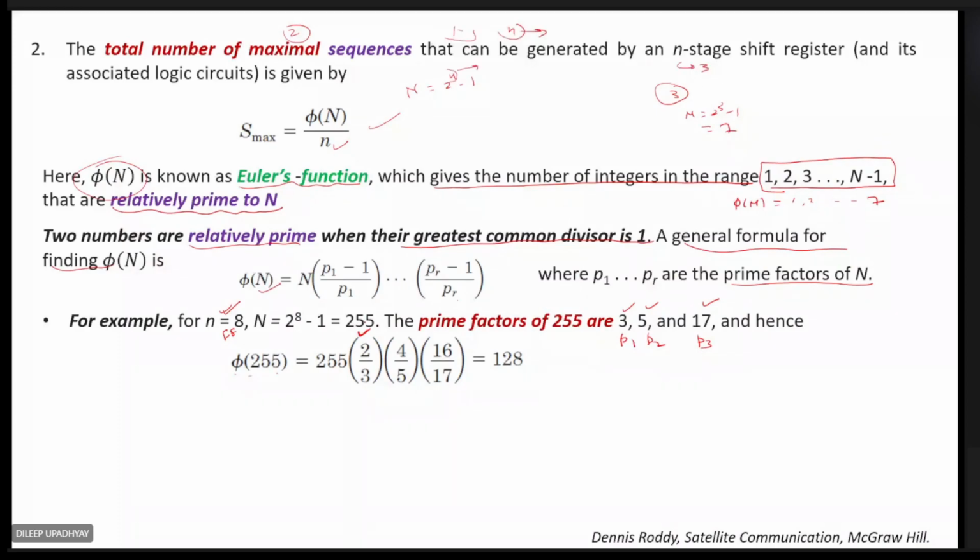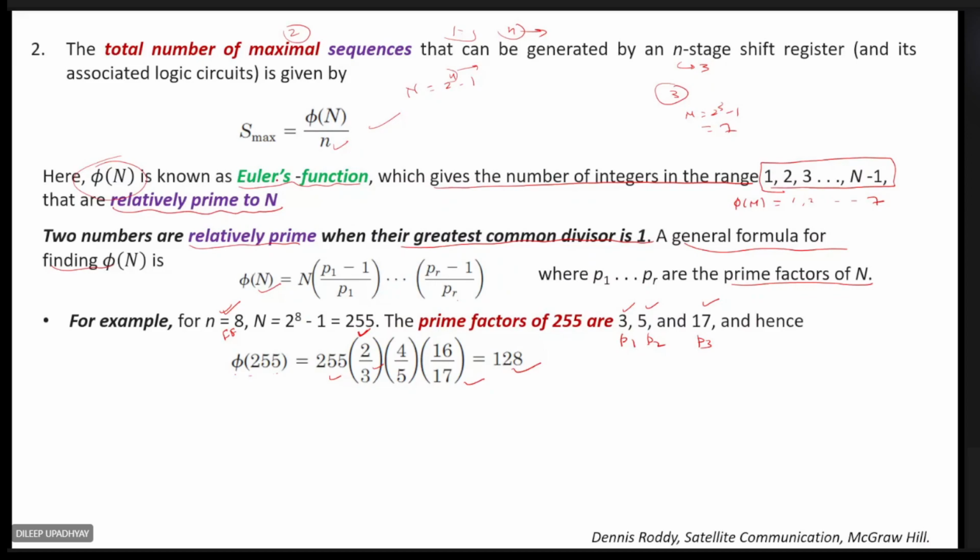So phi of 255 is 255 times (3 minus 1) divided by 3, that is 2 by 3. Next, p2 is 5, so 5 minus 1 divided by 5, that is 4 by 5. And p3 is 17, so 17 minus 1 divided by 17, that is 16 by 17. This comes out to 128.